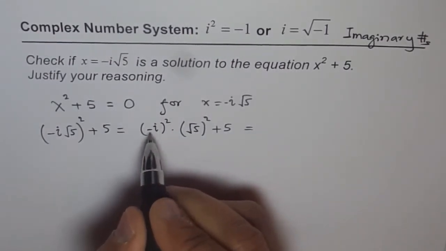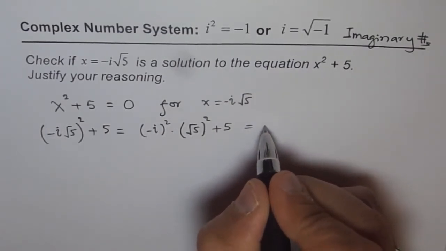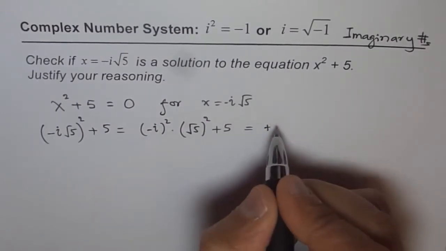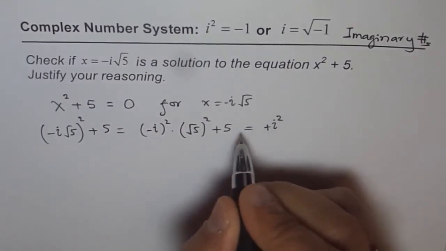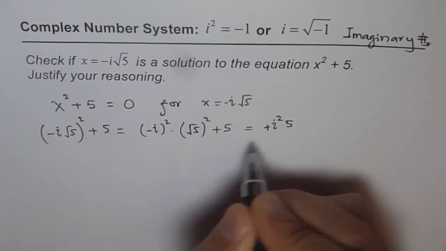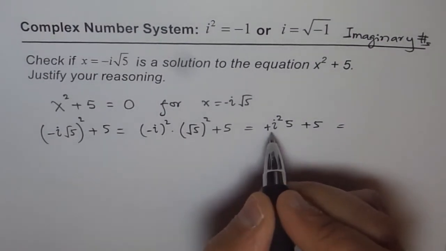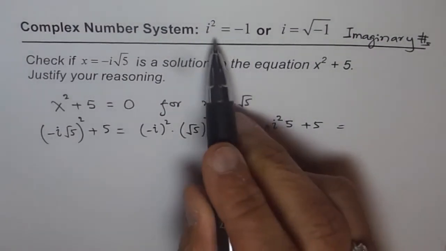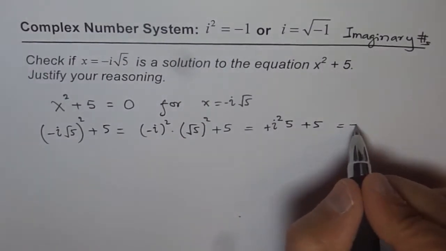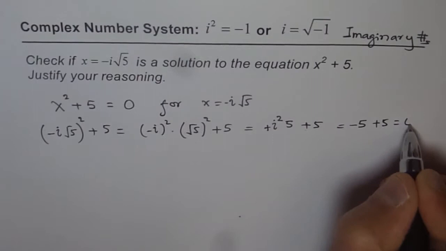Now (-i) squared: minus squared is positive, so you get plus, and then i squared, is it okay? Times square root 5 squared is the number 5 itself, right? Plus 5, is it okay? Now i squared is actually equal to -1, so we can write this as -5 and we have plus 5 here, right? So -5 plus 5 is 0.